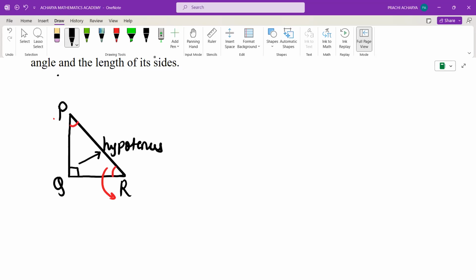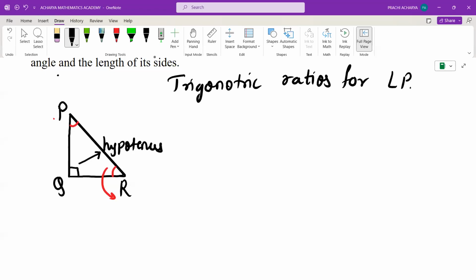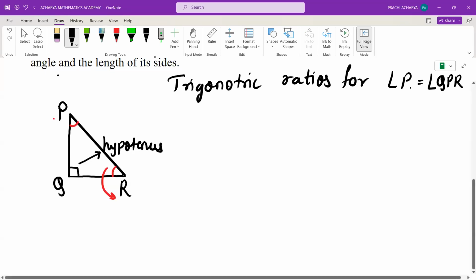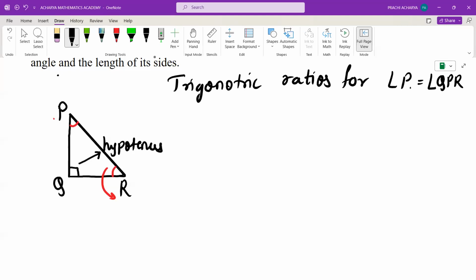And now suppose we will be writing trigonometric ratios for angle P. We will look at P one by one and practice it for the same angle R also. So we will write trigonometric ratios for angle P, or you can say in 3-letter words, angle QPR or angle RPQ. You know this very well, how to read the angle name of the triangle.